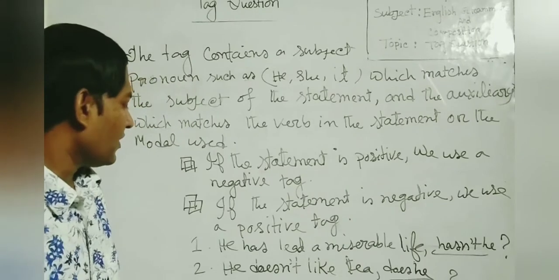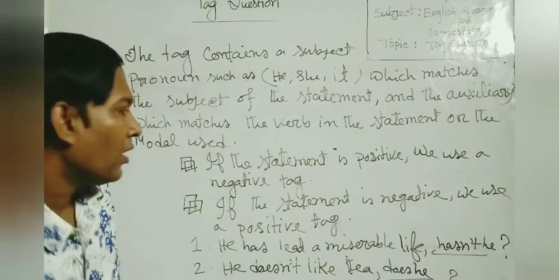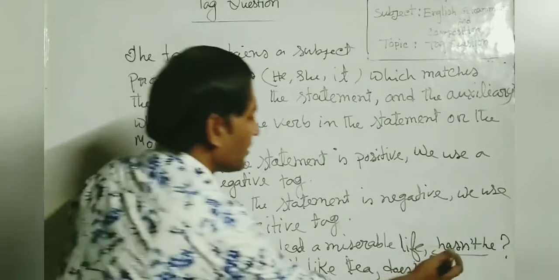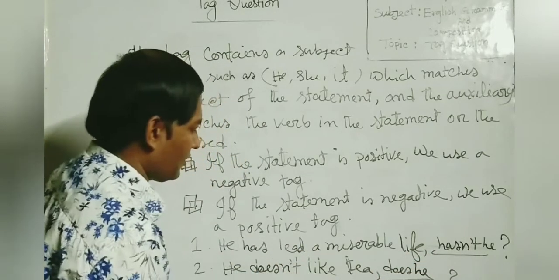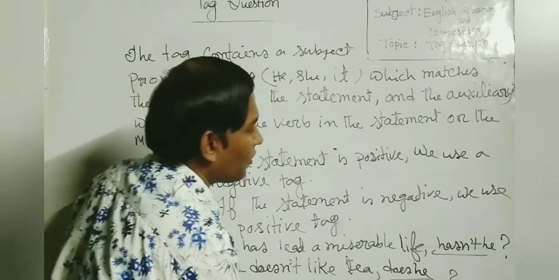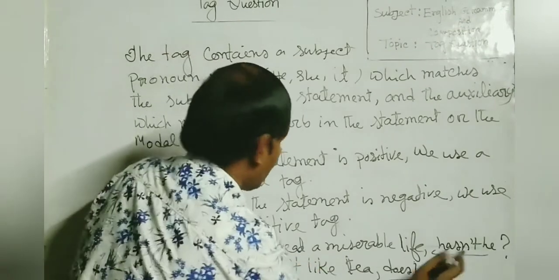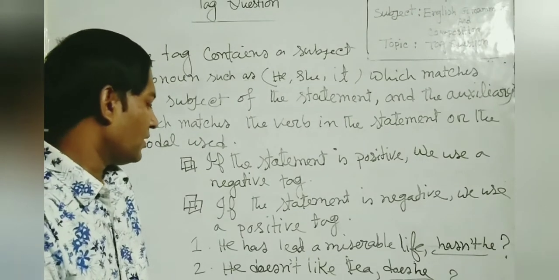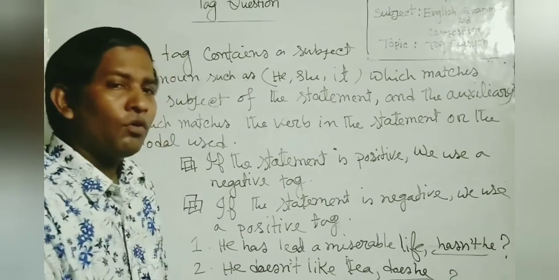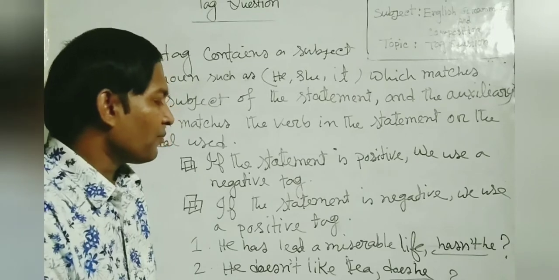For example, he has led a miserable life, hasn't he? The statement is positive, so we use a negative tag. In the second sentence, he doesn't like tea. The statement is negative, so we use a positive tag.